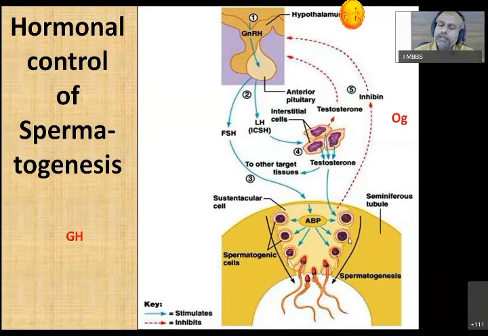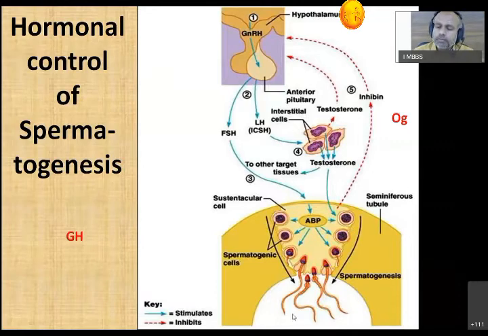The regulation of spermatogenesis is by the levels of hormones in your blood. The number of sperms formed daily is also regulated by the concentration of follicle stimulating hormone, luteinizing hormone, testosterone, and inhibin in your blood.